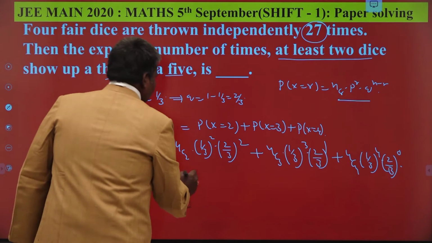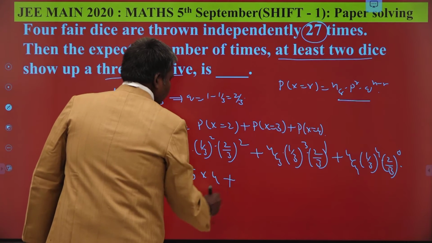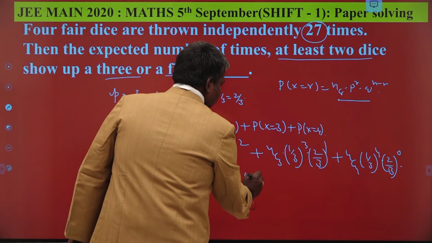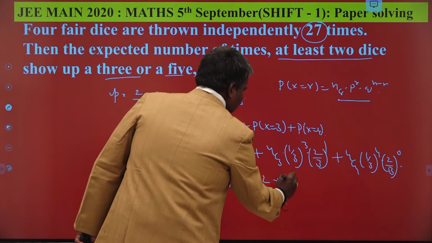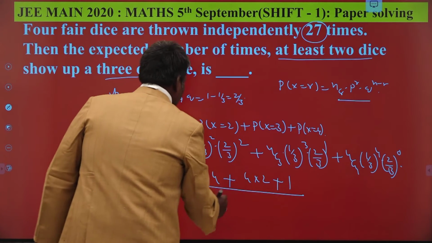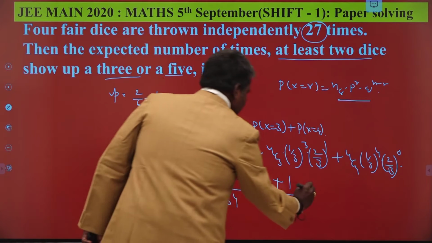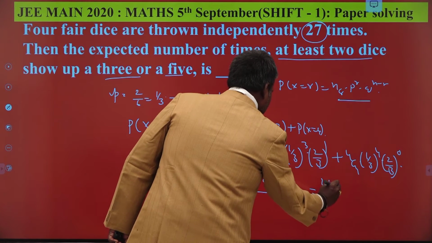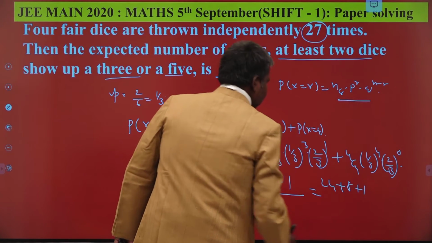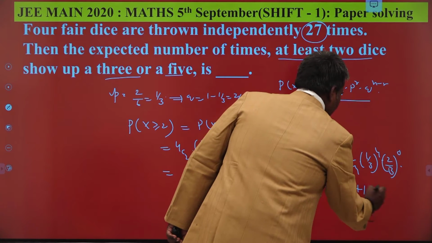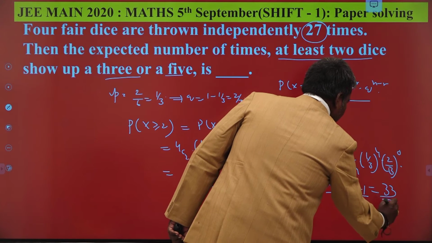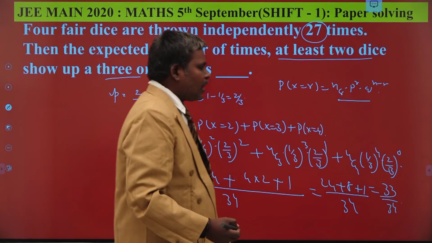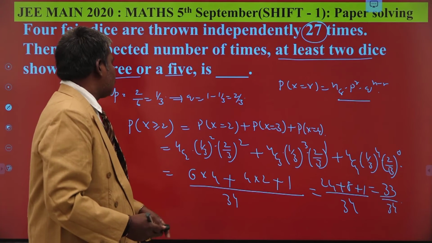So 4C2 is nothing but what? 4 3s are 12 by 2, that is 6, into 4, plus 4C3, 4 into 2, plus 4C4, 1 into 1 into 1, the whole divided by 3 power 4. This is 24 plus 8 plus 1, that is 33. This is nothing but 33 by 3 power 4. This is the probability of x greater than or equal to 2.